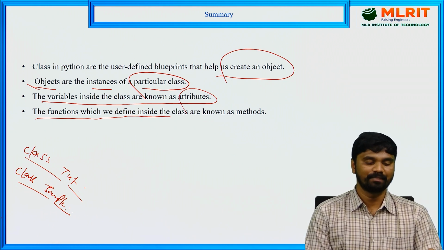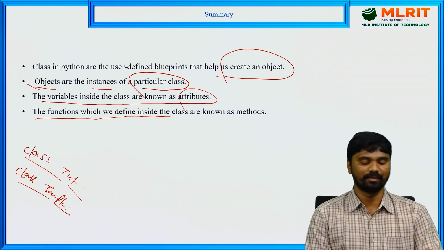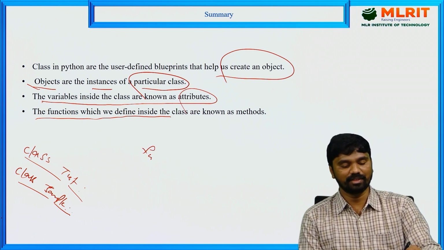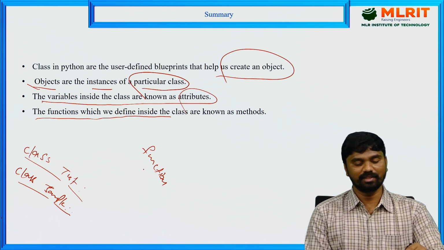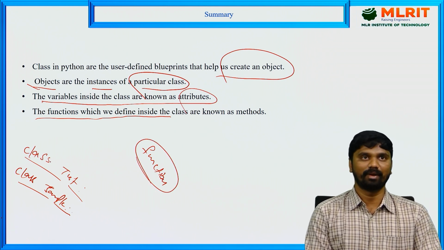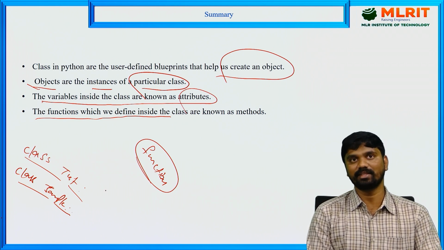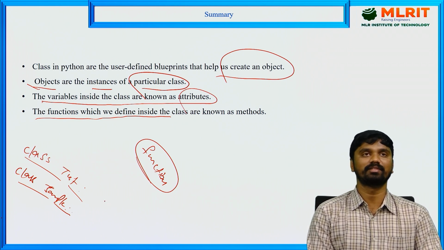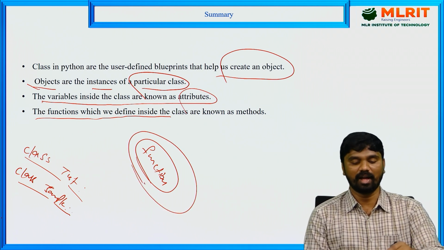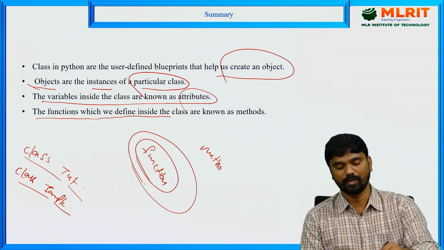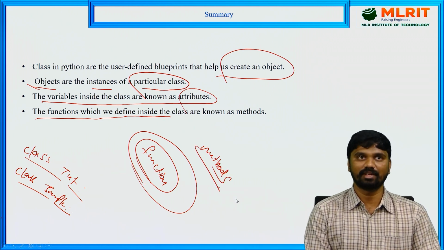There is one important thing to know here: a function defined outside of a class is called a function, but a function defined within the class is known as a method. That is the difference between a function and a method.